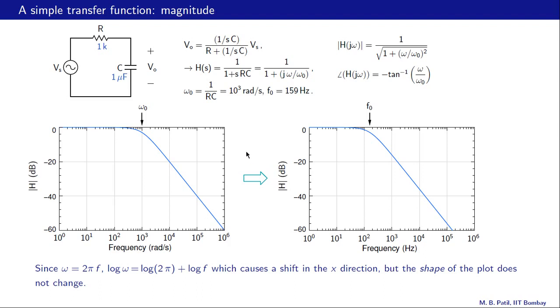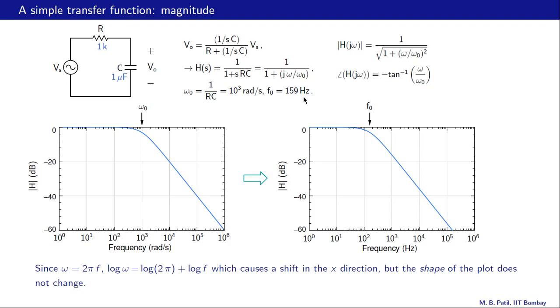Alright, so what is the frequency that corresponds to omega 0, which is equal to 10 raised to 3 radians per second? That is f0, and it's given by omega 0 by 2 pi, which is about 159 hertz, let's say 160 hertz.